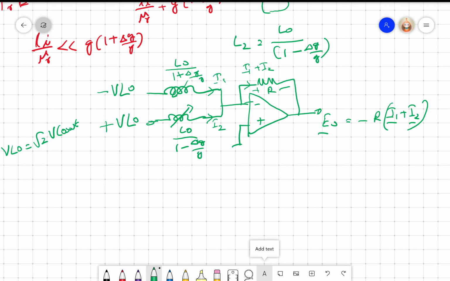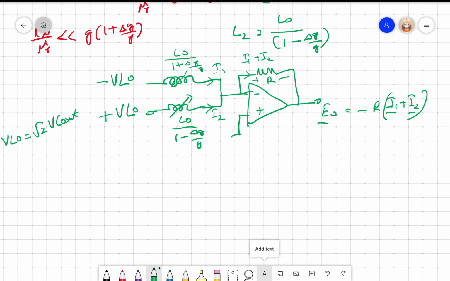Now this current I1 is V angle 0 divided by L naught divided by 1 plus delta G by G. That will become 1 plus delta G by G in the numerator, so that is minus V angle 0.